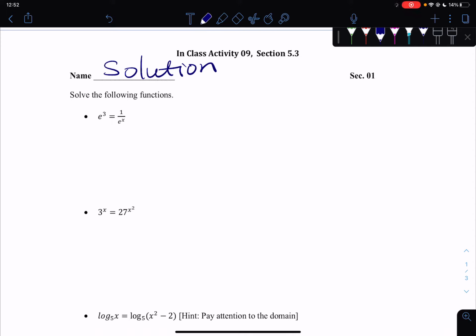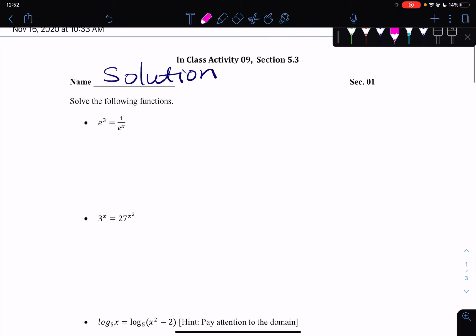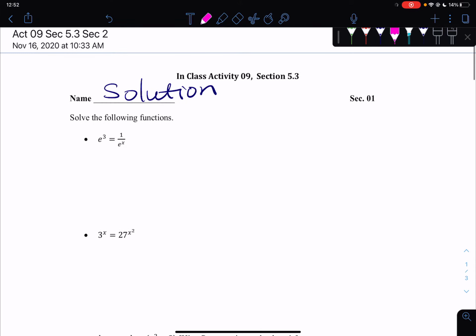So let's go over activity 9 together. The general idea of solving exponential functions we've discussed: first of all, convert back and forth between exponential structure and logarithmic structure.